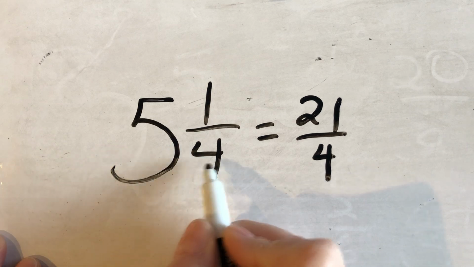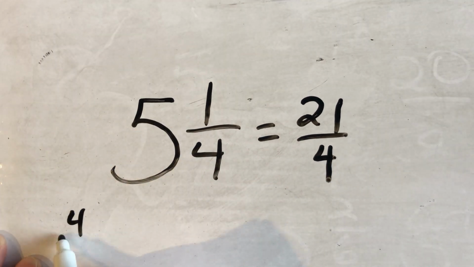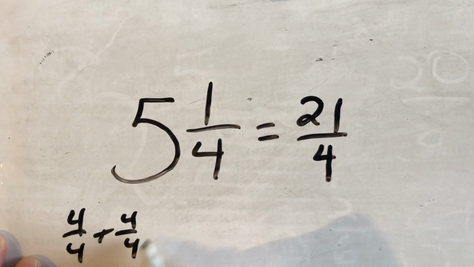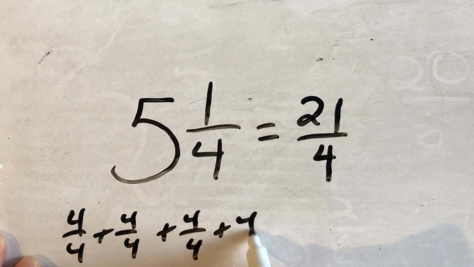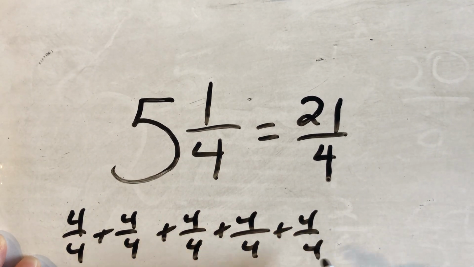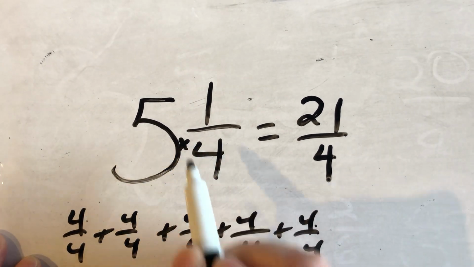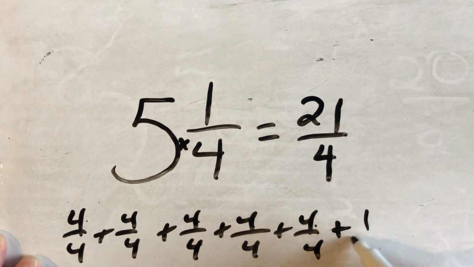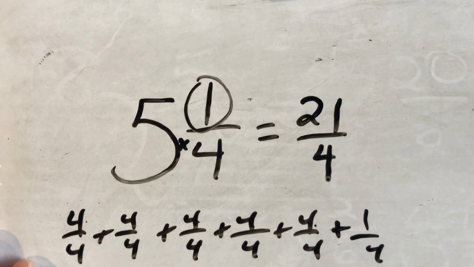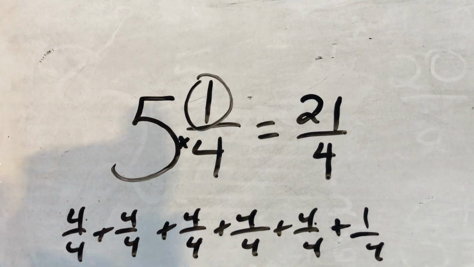I got this because this 5 means I have 4/4 5 times. Instead of having to write 4/4 5 times, do you see how I'm adding the number 4 5 times? I can just do 4 times 5 plus this 1 extra. So we're just multiplying the denominator by the whole number and adding the numerator.